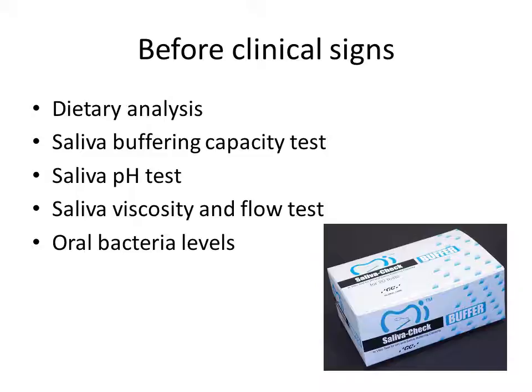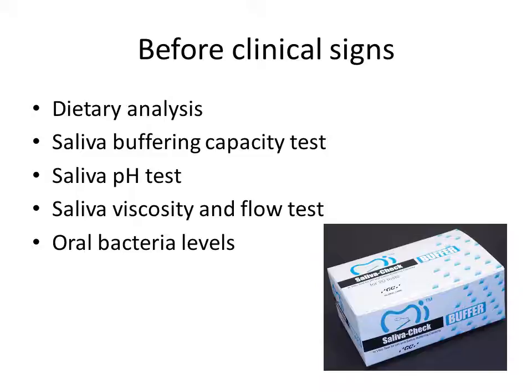If there are deficiencies in that buffering capacity, the test will identify that. We can also measure the pH very easily of saliva, so we can determine whether someone in their resting saliva state has a higher or lower pH level. We can also look at the thickness or viscosity of saliva and how much of it a person is able to produce to tell us whether they have adequate flows, or potentially whether there is something wrong with their saliva production.